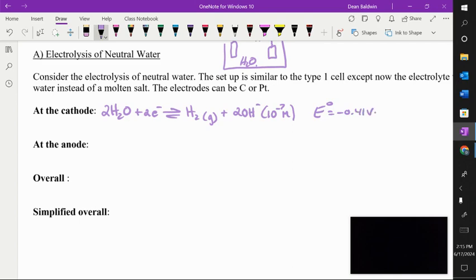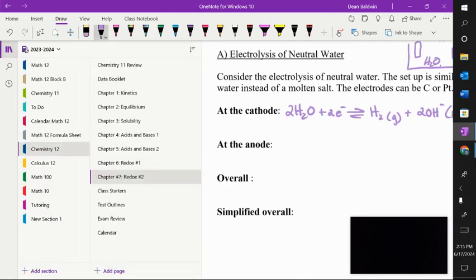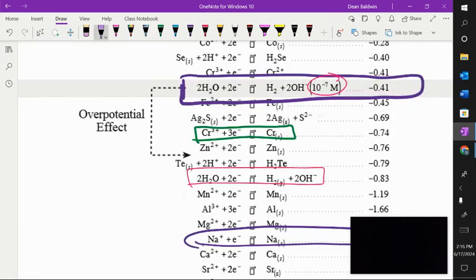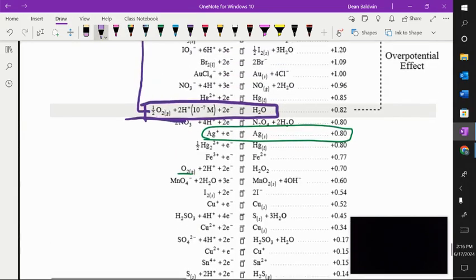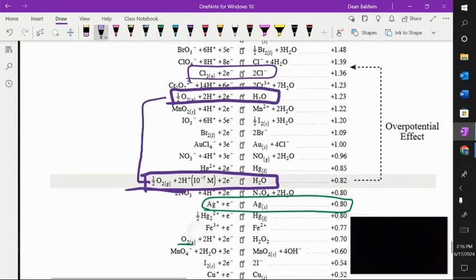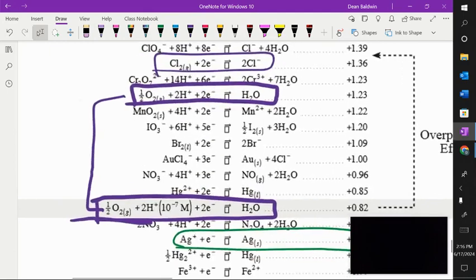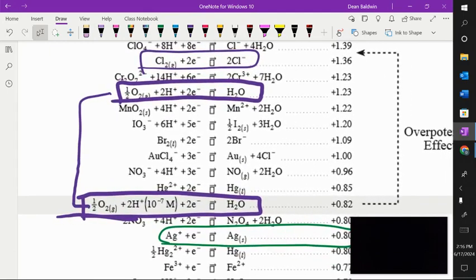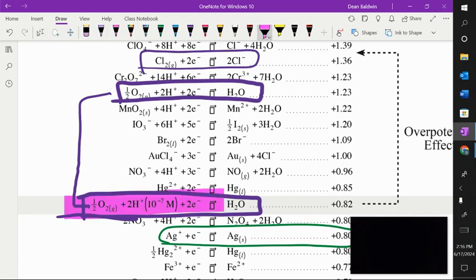The anode is where electrons leave. All right, so you get oxidation happening. If we go to the table, there's our two waters. What's the reaction? Top one or the bottom one? Bottom, right? Because we're neutral, so it has to be this one. Okay? And remember, we have to flip it.